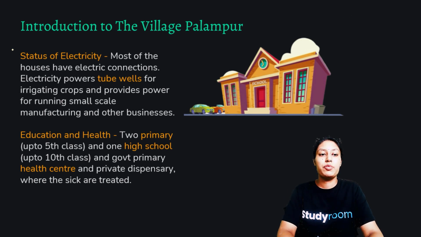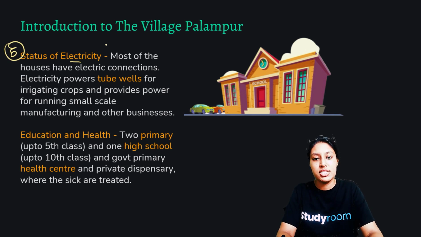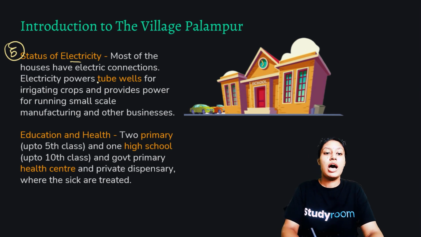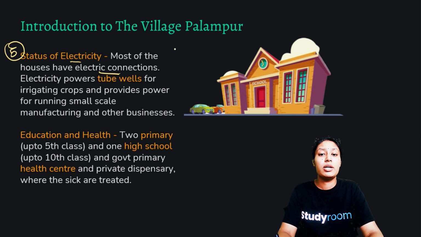Next is the fifth point. In this point, we will study the status of electricity, how electric connections have been made in the village. Okay. So the houses have electric connections. Electricity powers tube wells for irrigation purposes. So in Palampur, the supply of electricity is there.